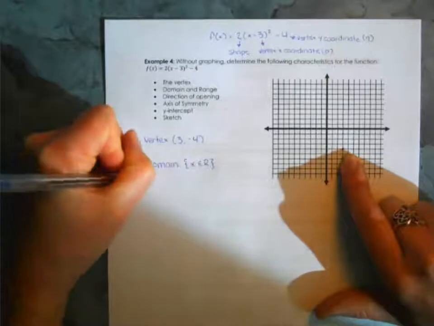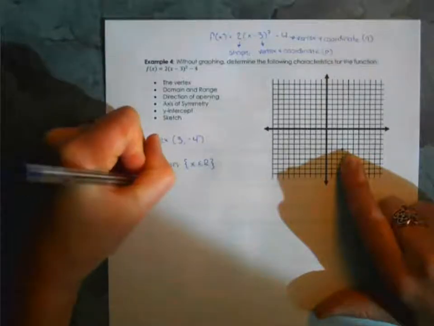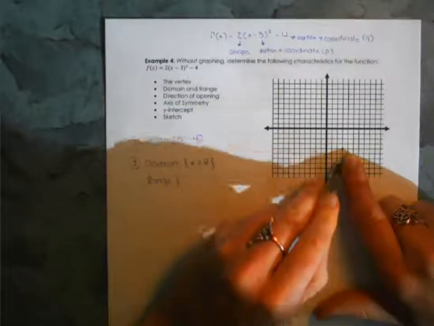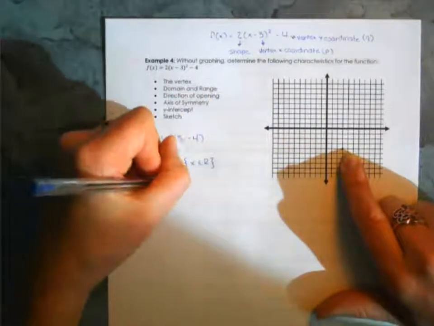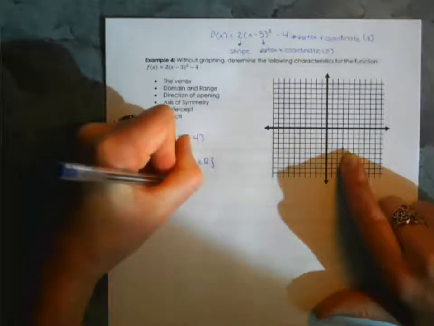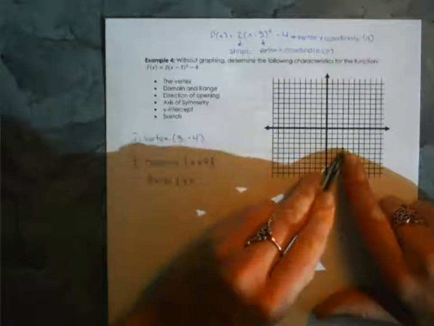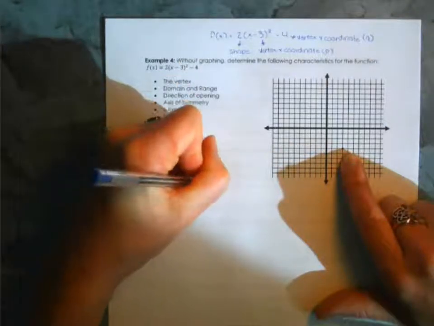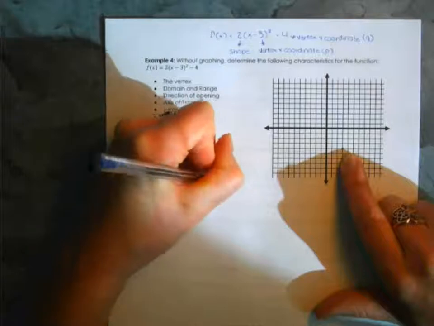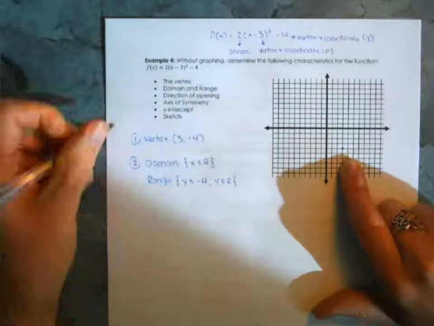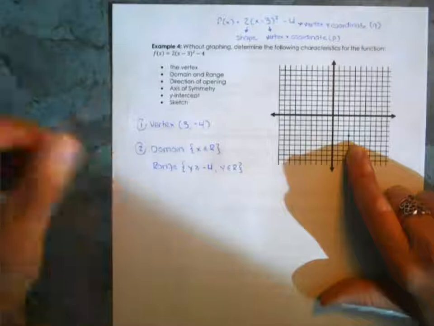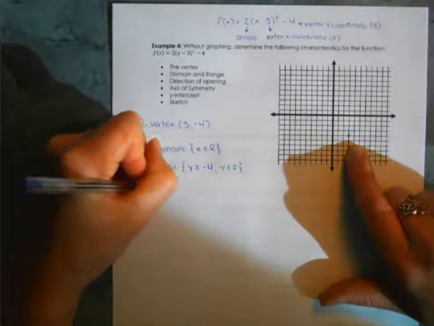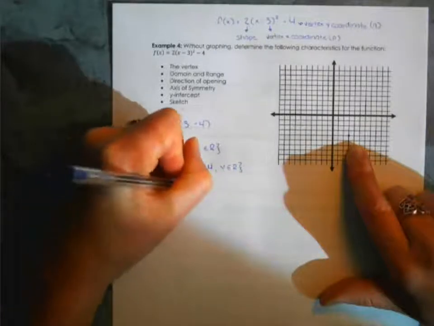But for our range, because it opens upwards, y has to be greater than or equal to this bottom point, which is -4. Okay, so that's domain and range. What else do we have here? Direction of opening. So A is equal to +2, so opens upward.